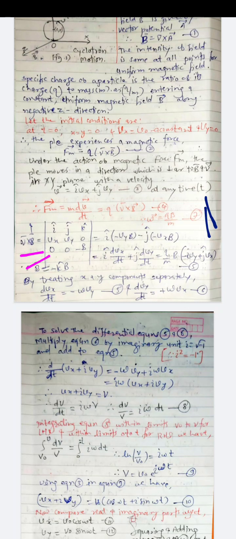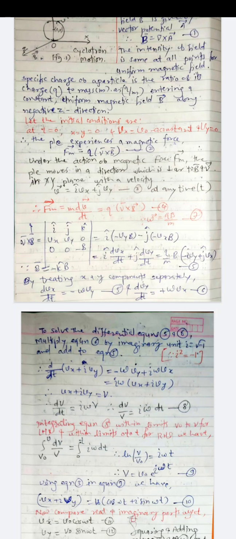Once we are expressing here the determinant of v bar cross B bar equal to determinant i cap, j cap, k cap, Vx, Vy, 0 and 0, 0, minus B, we have to simplify this determinant in the usual way.